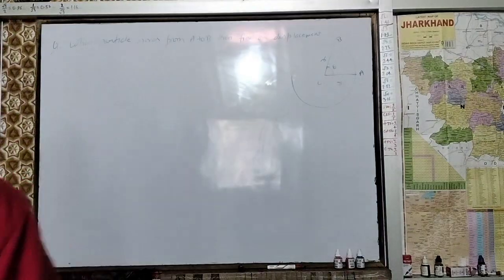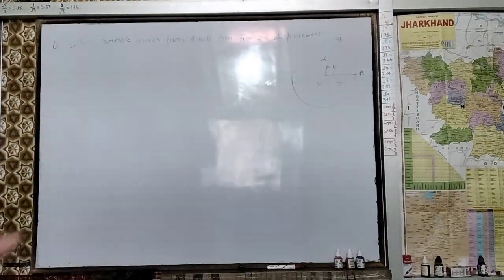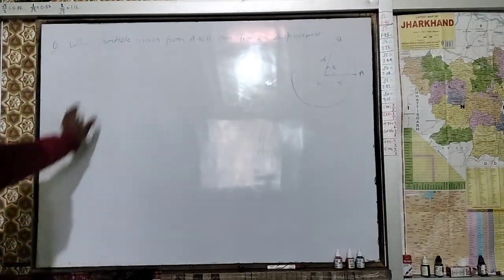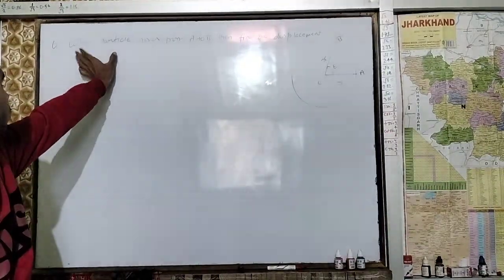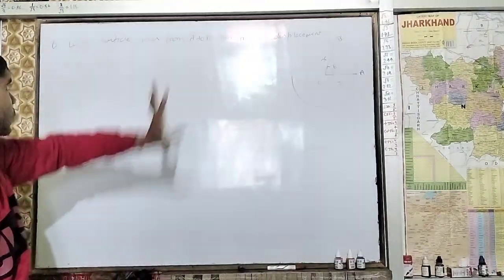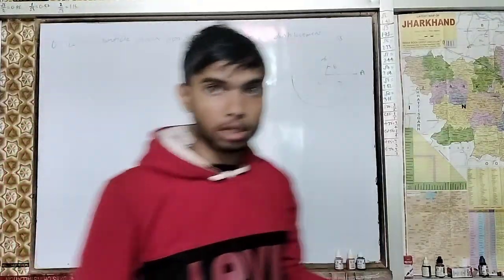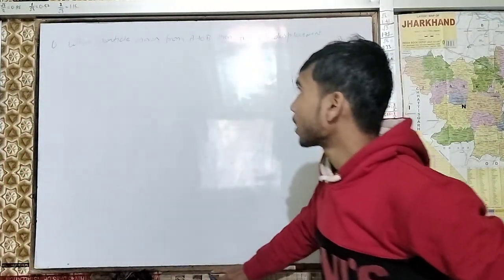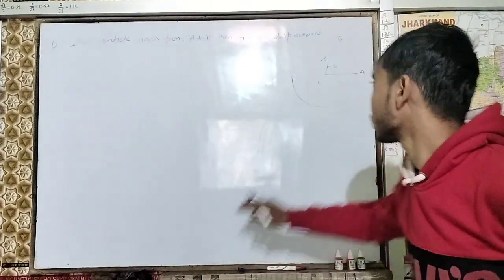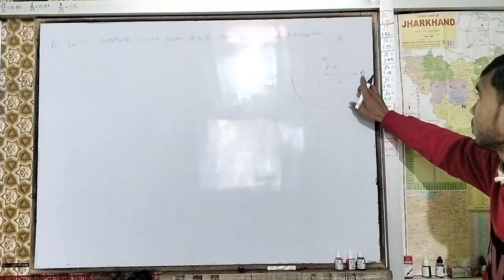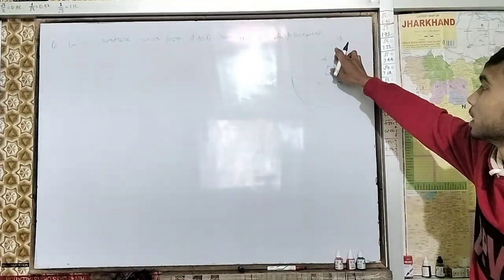Try to understand this statement which is in front of you. If you are not able to see this, okay, don't worry, I will explain this. When the particle moves from A to B, as you can see over here, this is a particle and it moved from here till here.